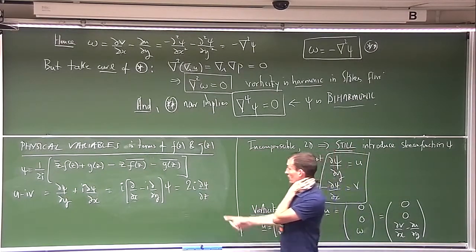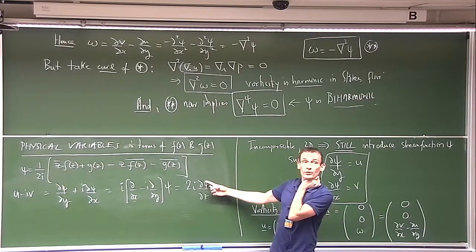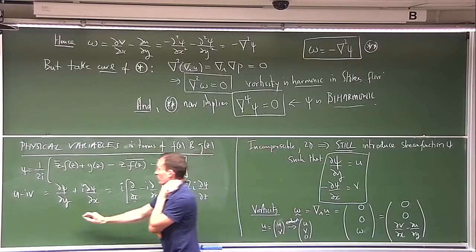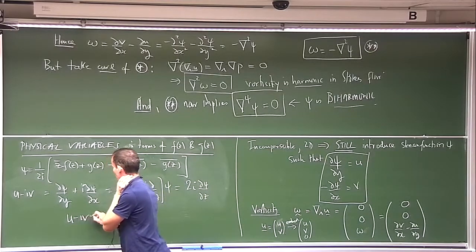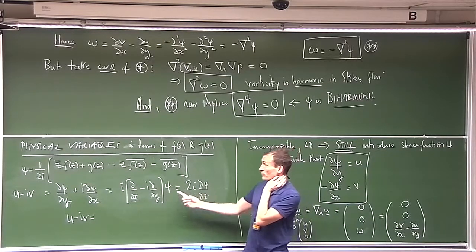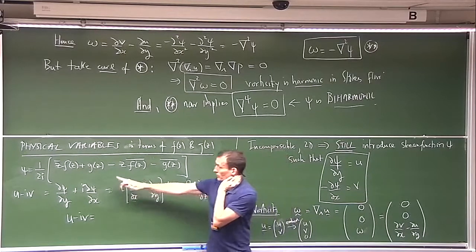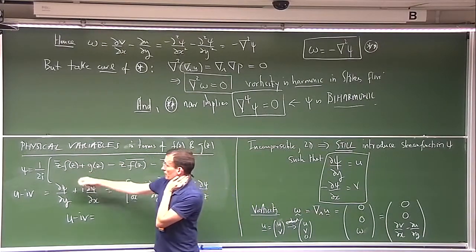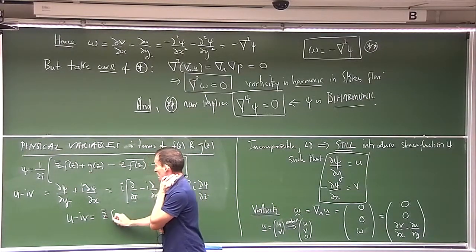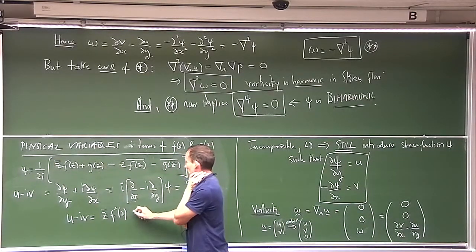Okay, so here's psi in terms of f and g. All we need to do is take the z derivative. So u minus iv. Notice that conveniently this 2i cancels with this 2i. And then we just need to take z derivatives. So what we get here is z bar f prime plus g prime.